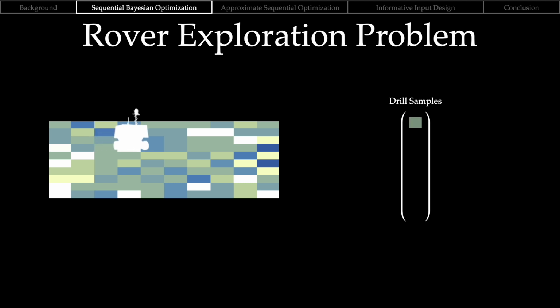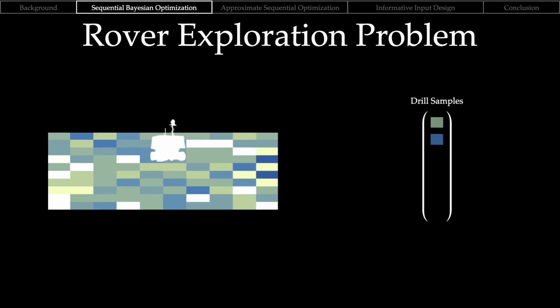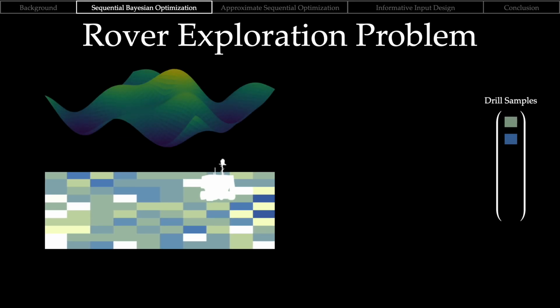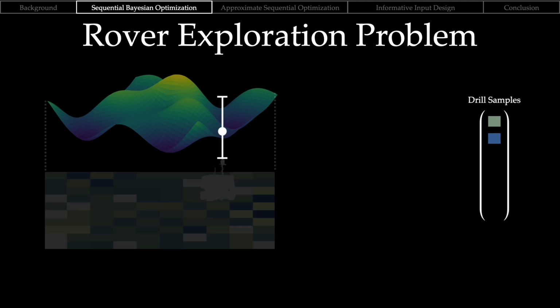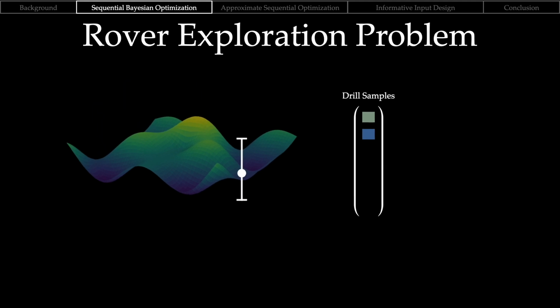So when we come to a new location now, and we are trying to decide, should we drill in this location or not, we have access to that Gaussian process belief. So we're going to query that Gaussian process and say, what do I think the actual measurement value is at this specific location? We can get that mean estimate, and because it's a distribution, we can also get this confidence interval associated with it. So the belief-based reward here is going to look at and say, are any of the previous drill samples that I've collected, do any of them lie within this confidence interval?